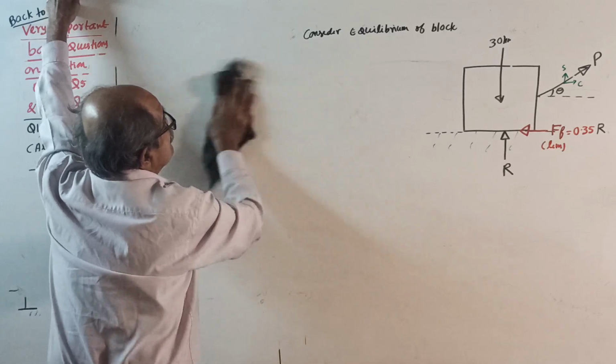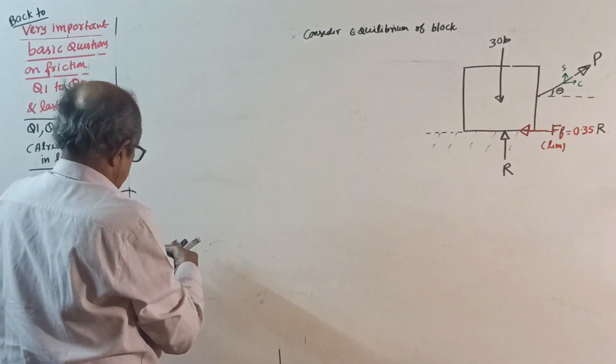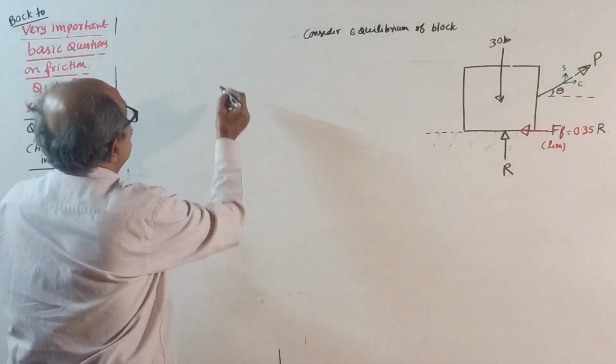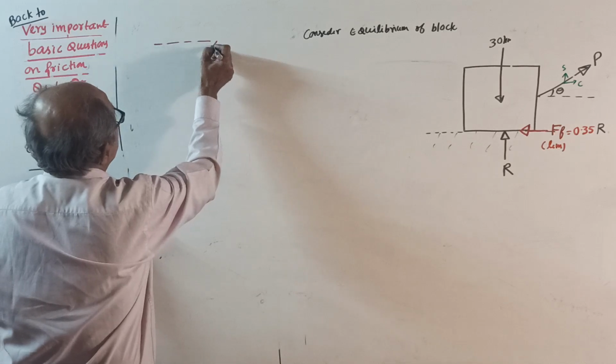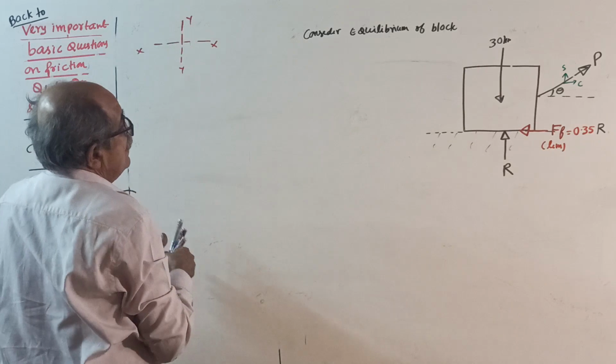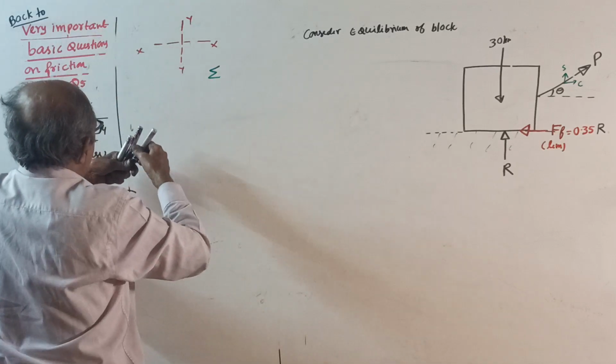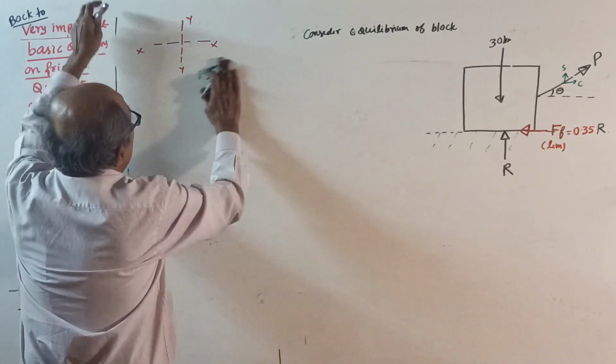Okay, start. First apply sigma Fx equals 0. As usual, mark here: this is X, this is Y. Okay, start. Sigma Fy first. Anything first will do, but usually I took sigma Fy so far. I won't change it.